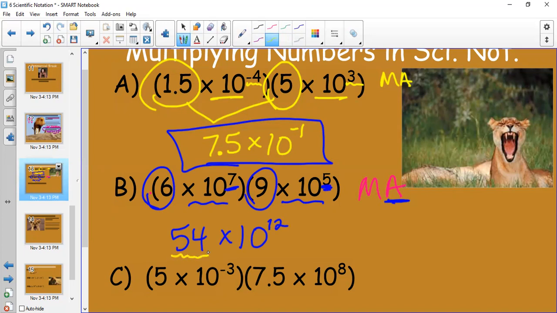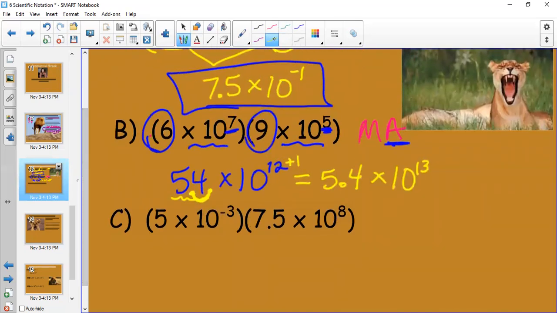Is this number between 1 and 10? Obviously 54 is not. So we're going to make it between 1 and 10 by putting it in a decimal place. But if I put it in a decimal place, I have to technically move it over one more time. And that means whenever we do that, we add a +1 because 54 is a big number. So we add a +1 to our exponent to make this times 10 to the 13th.